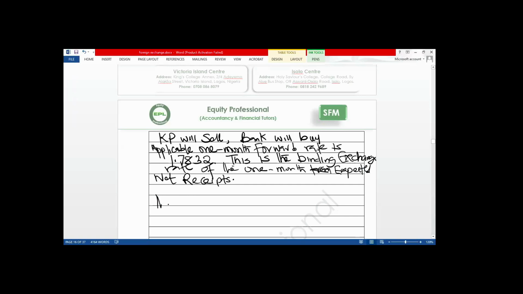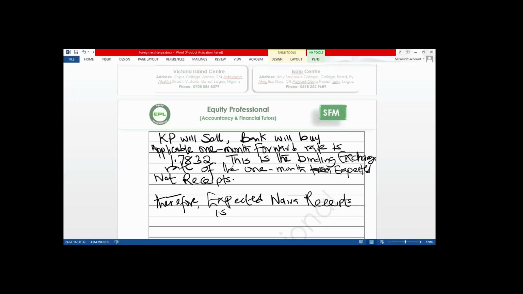Therefore, expected Naira receipts is now, you want to convert foreign currency to your own domestic currency at an exchange rate that you are given.